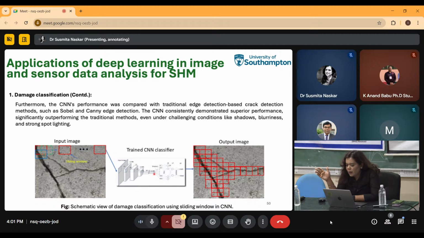Once that is passed, the next step is the output image, right? Combining all of this, the final output tells you whether there is any damage region, which is locally marked. So that's how it generally works. There are a lot of benefits, as we said: high accuracy, automated feature learning, scalability, and robust localization. These are the ways we generally do CNN for damage classification, right? Is the whole process clear to everybody?